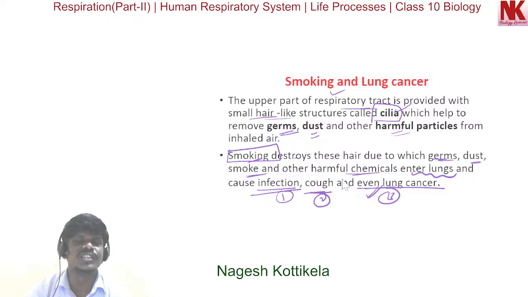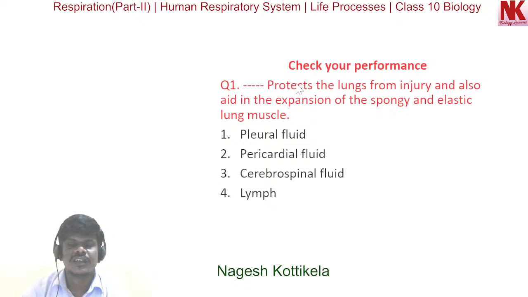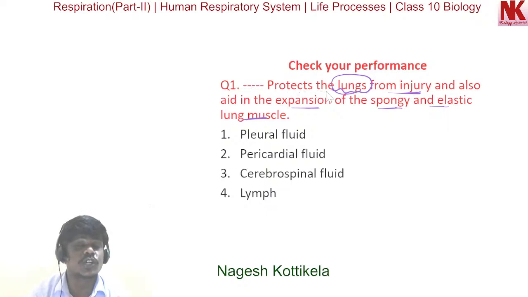Based on the discussion that we had till now, let's discuss some multiple choice questions. Question number 1: Dash protects the lungs from injury and also aids in the expansion of the spongy and elastic lung muscle.